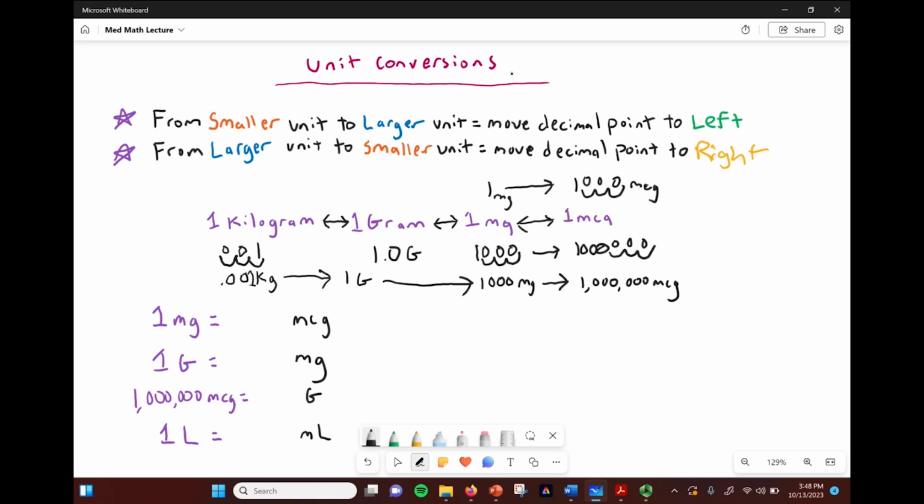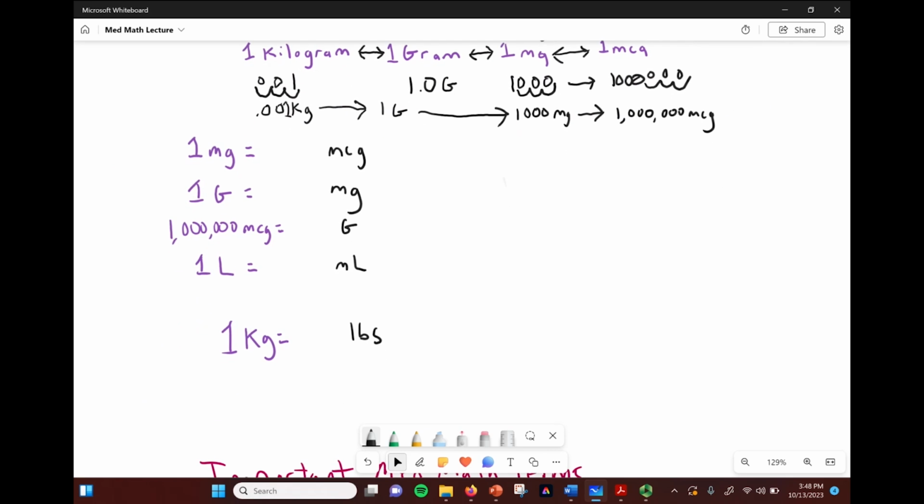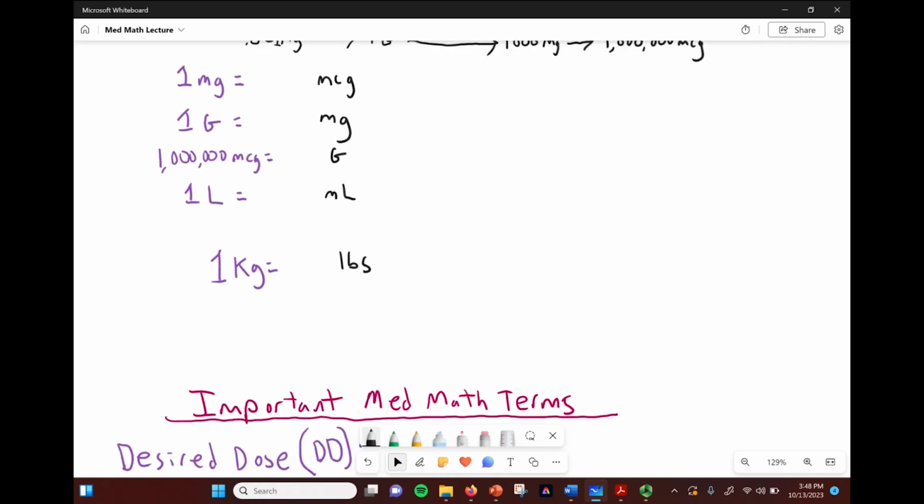So this is how we are going to be moving our units. Everything is really, for our purposes, going to be moving over 3 places, either to the left, when you're going from smaller to larger, and to the right, larger to smaller. So let's see how this actually takes effect. Start off here at 1 milligram.